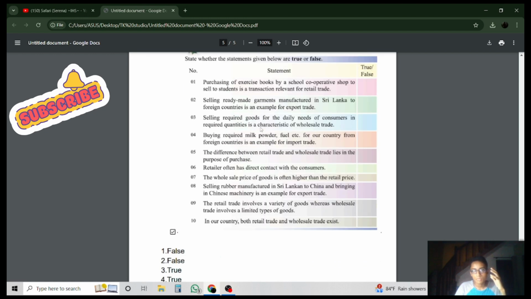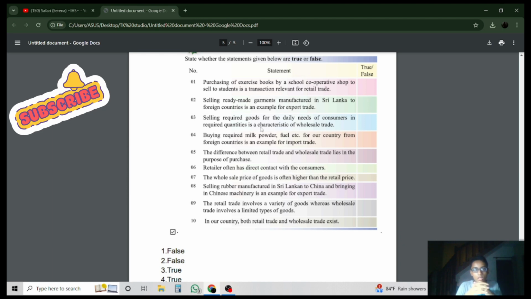Purchase of exercise books by a school cooperative shop, no, that's not true, because purchasing exercise books by a school cooperative means they are buying a large stock. That is not retail trade, that is wholesale trade, right?